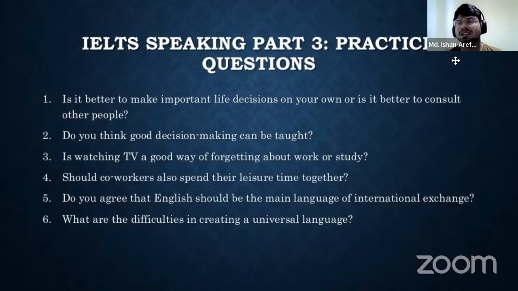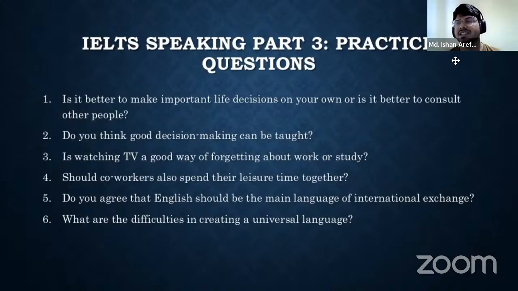So maybe 7 or 8 sentences are needed to answer this type of question. If you want to answer task 3, you have to be explanatory, but for task 1, just 2 or 3 sentences are required.